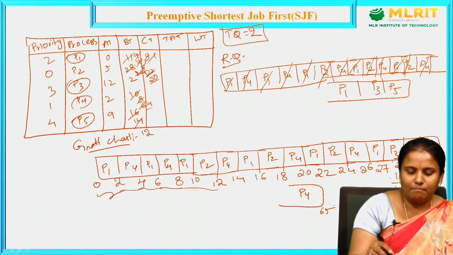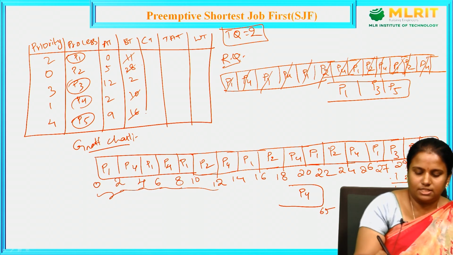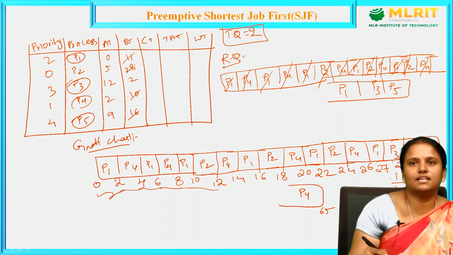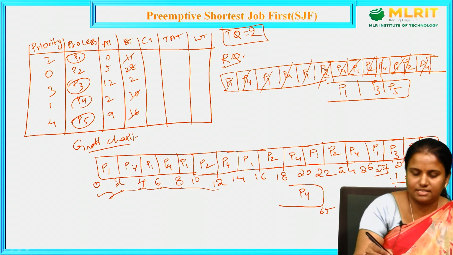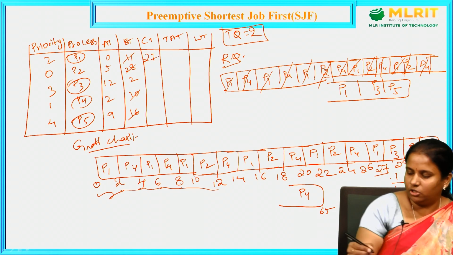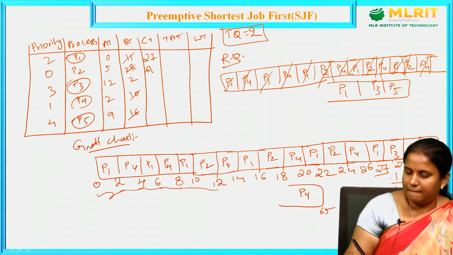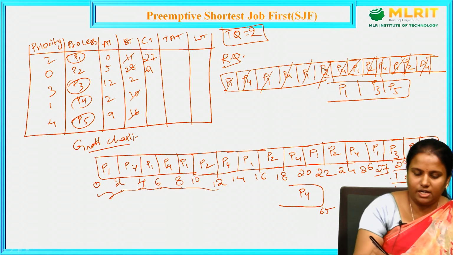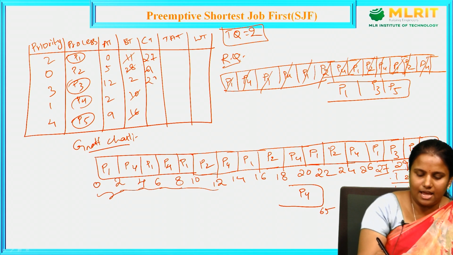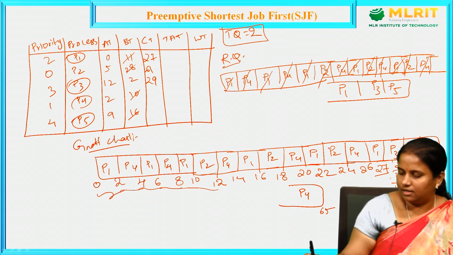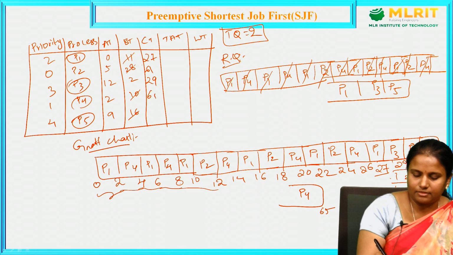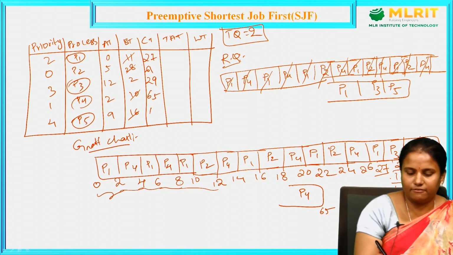Now the completion times. P1 completes its execution by 27. Next P2 by 61. Then P3 by 29. And P4 by 65. P5 by 41.